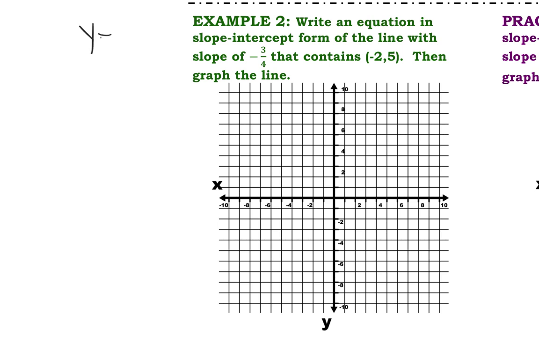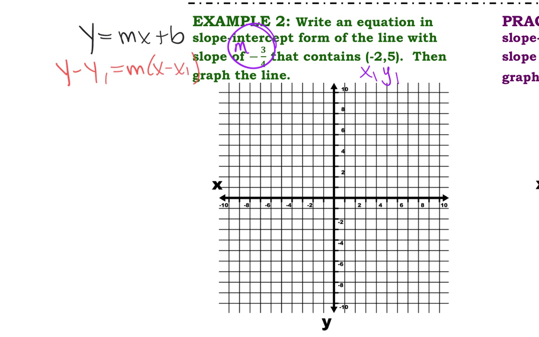So we want it in this format, but I just give you 1 point. So this is where that point slope formula becomes useful because you don't know what the y-intercept is. So to get there, we'll do what we did earlier, label it x1 and y1, and then label your slope, whatever slope is given to you. So we're going to plug it into the point slope formula.